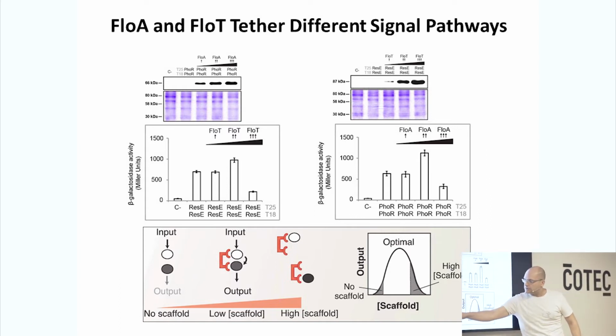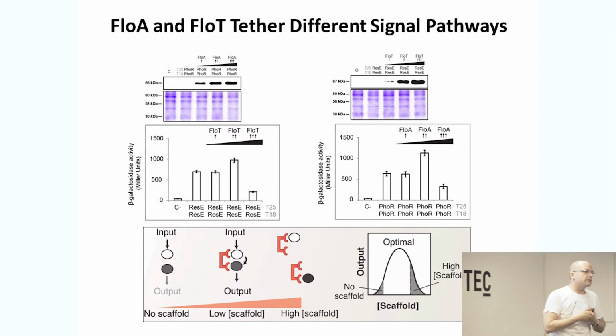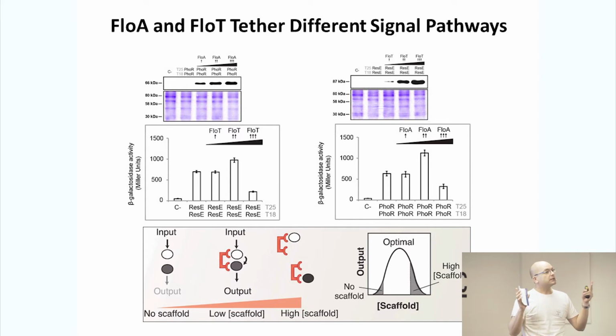When you have a lot of the scaffold, it titrates the components, it titrates the interaction partners, and then the interaction doesn't happen anymore. So it looks like these scaffold flotillins that we identified in our platforms really act as a scaffold for these signaling kinases to promote the interaction.